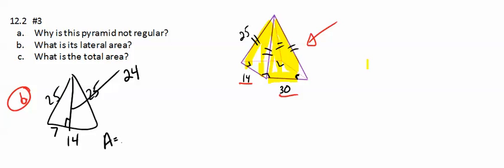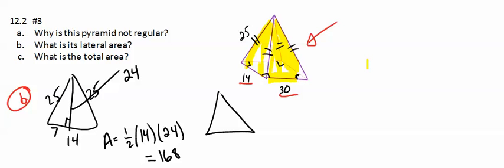Therefore, the area of that is going to be half times 14 times 24, which gives you 168. But because it's not a regular pyramid, we have to find the other face. So it's 25, 25, and now 30. Again, we'll go ahead and draw a perpendicular bisector.